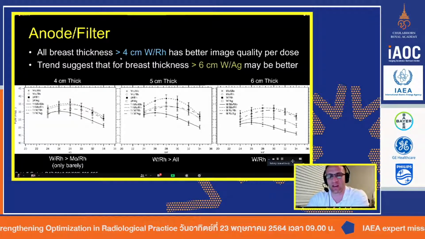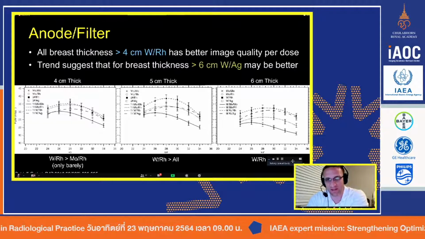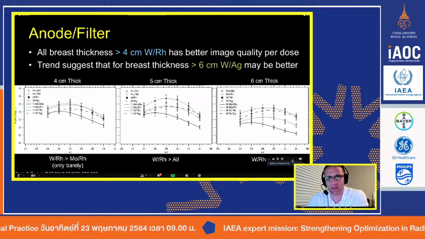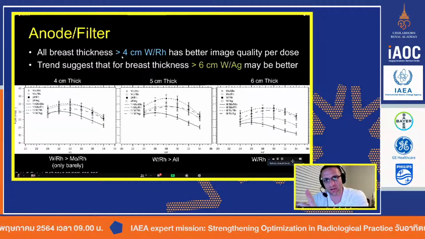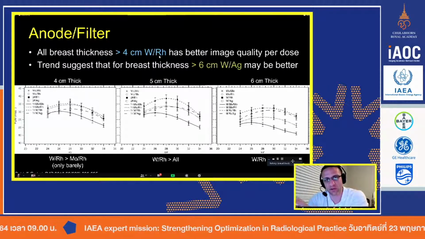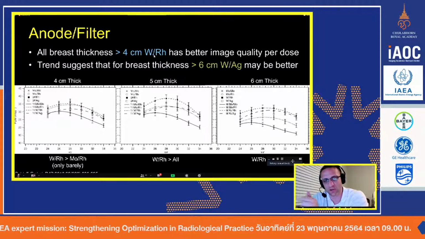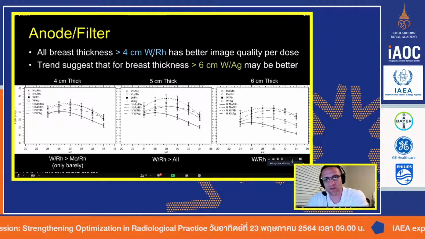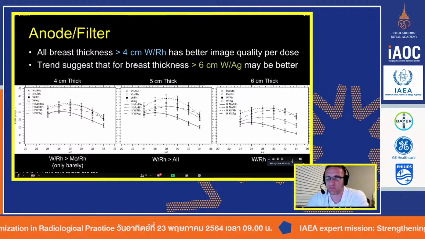And so that is why most vendors are moving this way. Now, if you have a system that gives you the option of all of these filters, then setting up protocols based on tungsten rhodium will give you good dose optimization for image quality. Not every vendor gives you that option. As I've mentioned, there's one out there that doesn't, so it's just not an option.